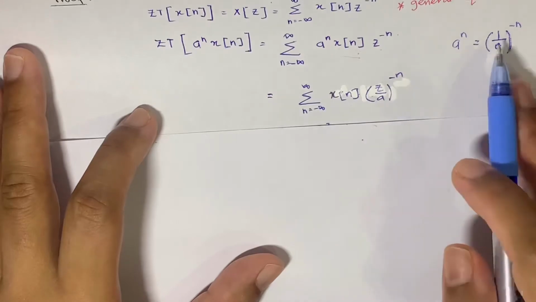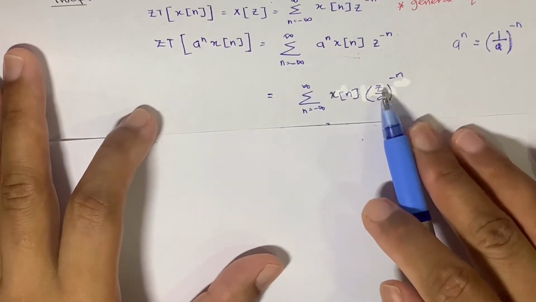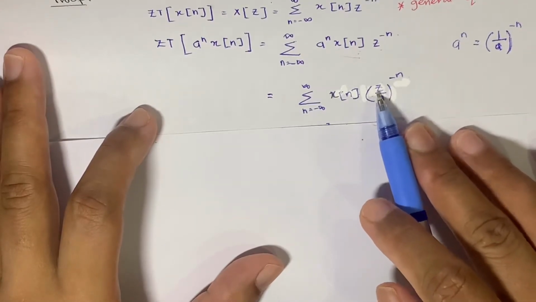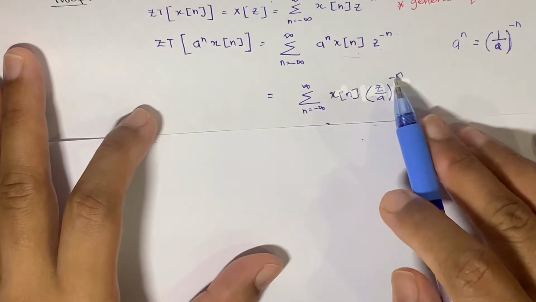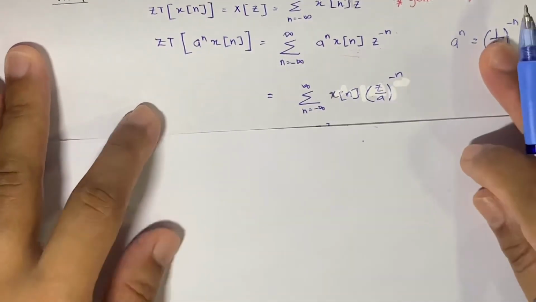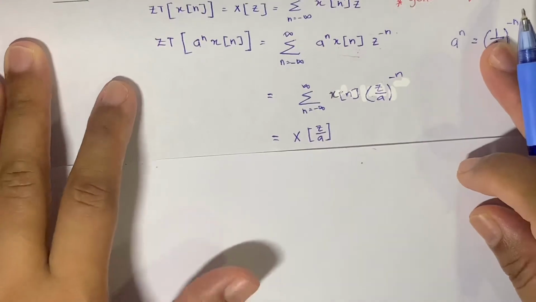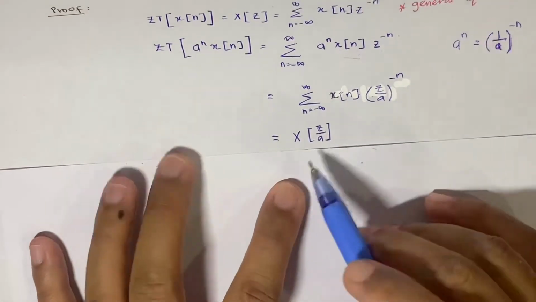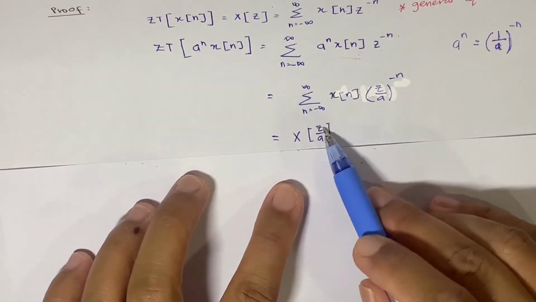Okay, so that's why a is below and z is above, to the power of negative n. So at the end you will get like this: X(z over a).